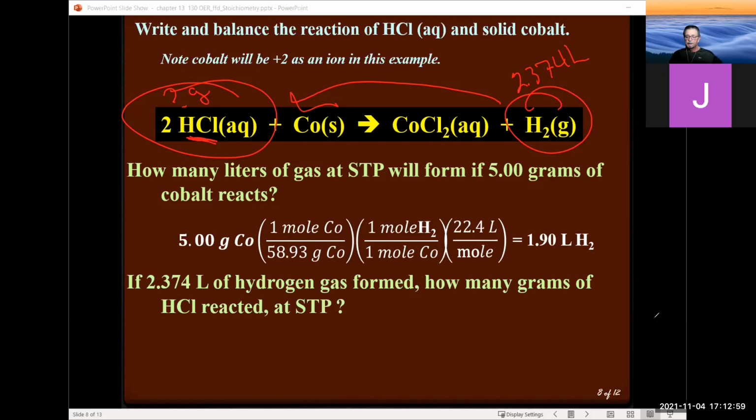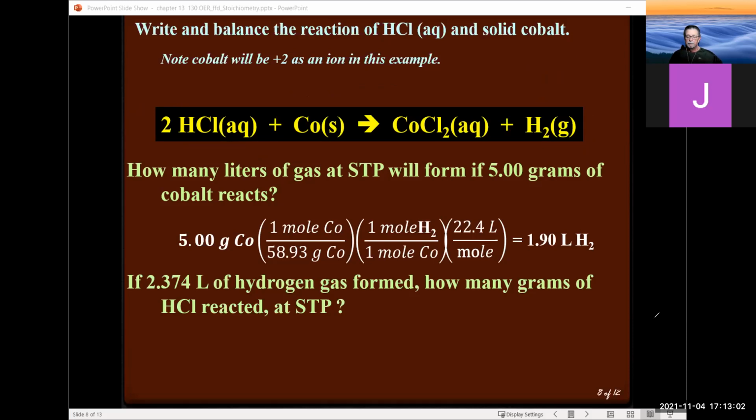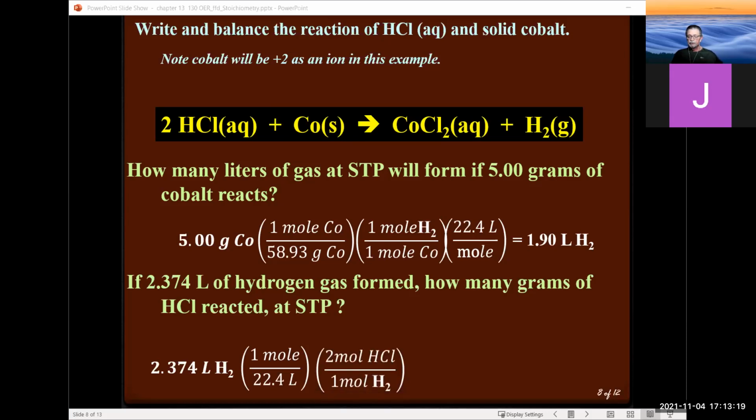All right, so let's set it up. Write down what we're given. Being at STP puts us into moles of hydrogen gas. The mole ratio between HCl and H2 is a 2-to-1. And the molar mass of hydrochloric acid is 36.46 grams.